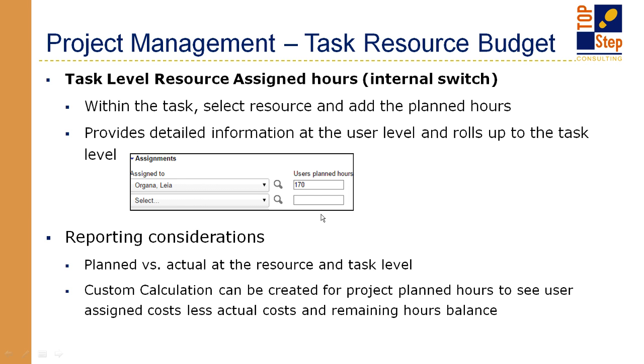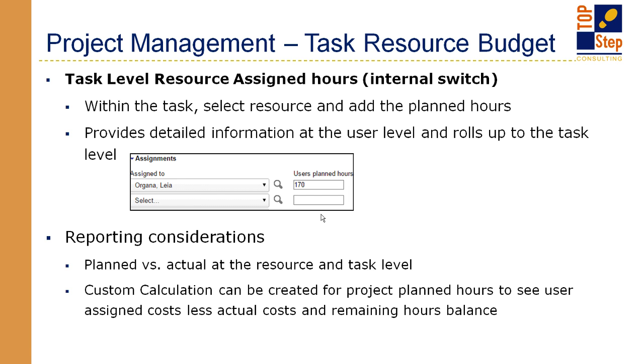A little bit more detailed allows you, if you want to look at assigned hours versus actual hours, because people will have different assigned hours versus that even spread, and still use that start and end date with this, which is nice. Just so you know, this is an internal switch, so you have to have this enabled through support.